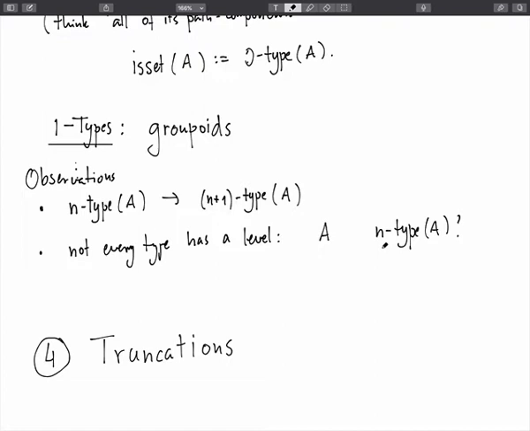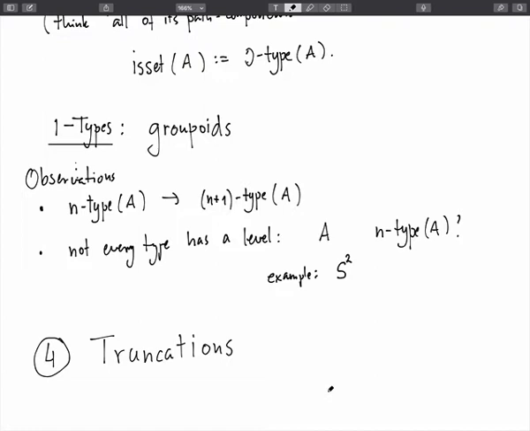In general, the answer is no. An example of such a type is the two-dimensional sphere. Does a two-dimensional sphere have interesting homotopies at every level? It does, at infinitely many levels. So this is one reason to expect that this would be the case.